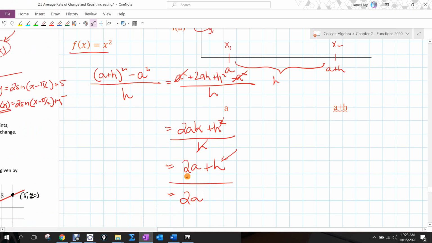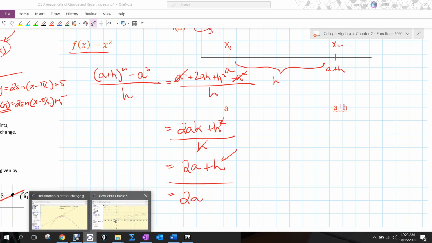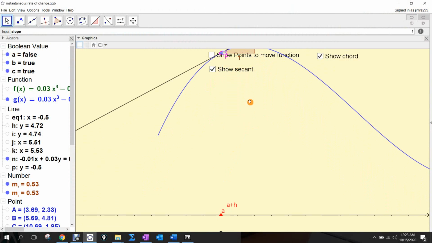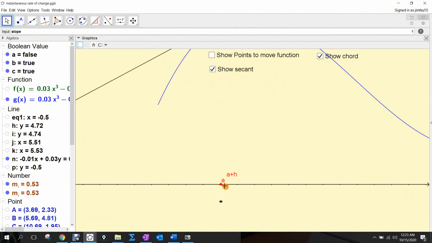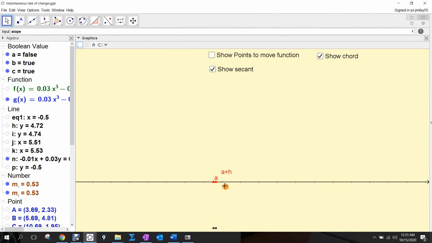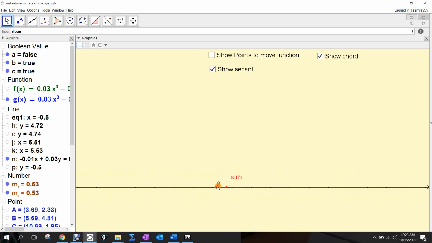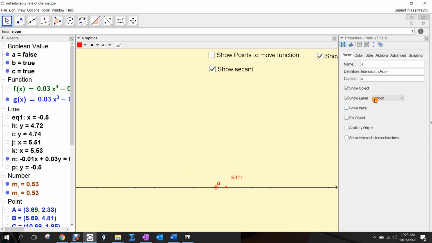Okay, so here's my question, and this is maybe where we can make a recognition about what's really going on here. We get the slope of 0.53. I'm going to look at this point A right now, and see if I can get its coordinates, object properties, name and value.